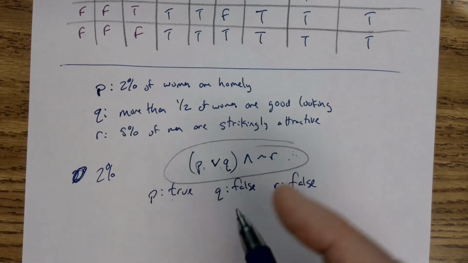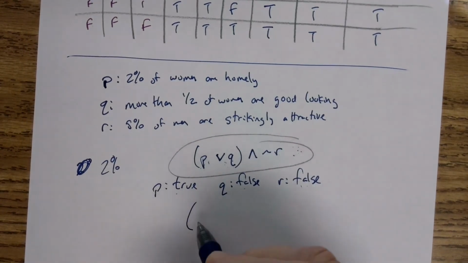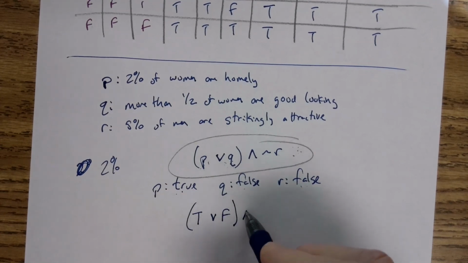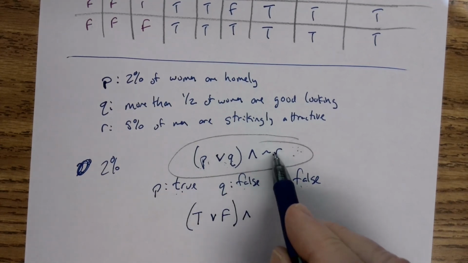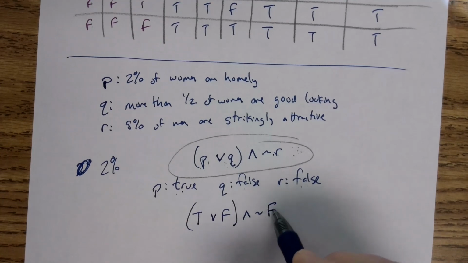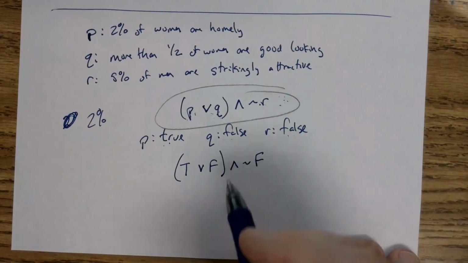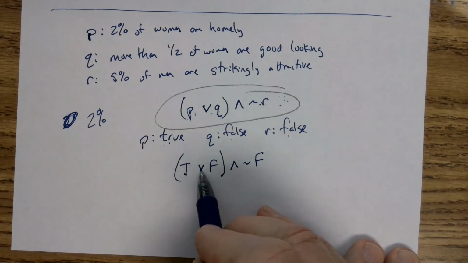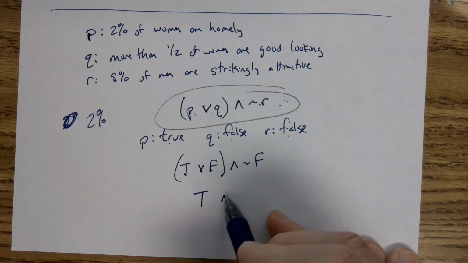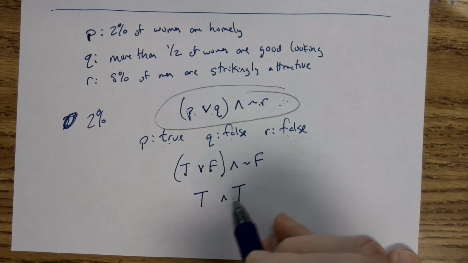Instead of P, they write true, then or, Q is false, and then not R would be not false. So true or false becomes true, and not false is true, and true and true is true.